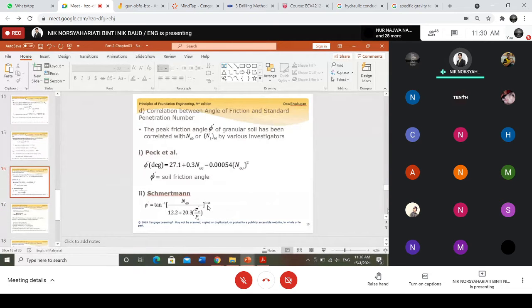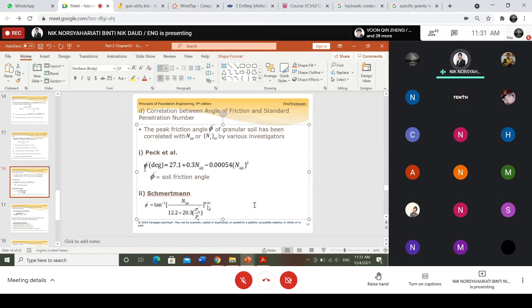So that is the end of the correlation of N60 for the relative density of granular soil. Then we move on to the correlation between the angle of friction, which is related to the strength parameters of your soil or samples, with the standard penetration number, which is again N60. Then you can use either Peck's equation here, right?